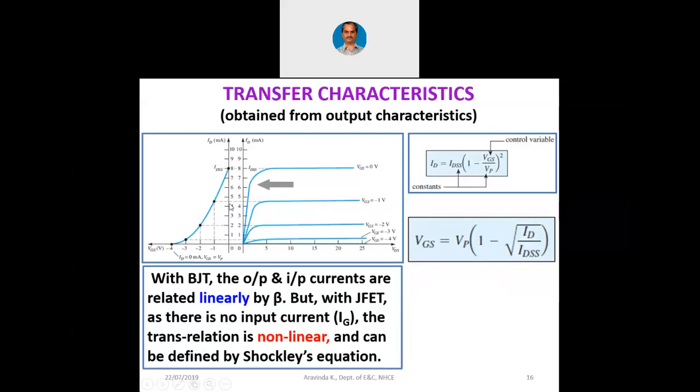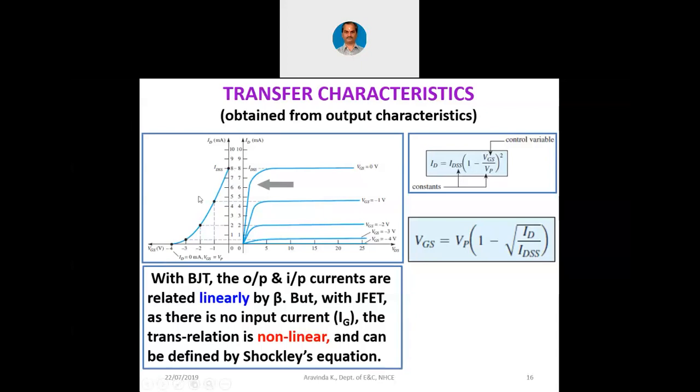In this curve, when ID is at its maximum value, IDSS, VGS is 0, and when VGS is at VP, ID is 0. When ID is maximum, the JFET is completely on and in the ohmic region, and when VGS is at VP, the JFET is completely off and in the cutoff region.